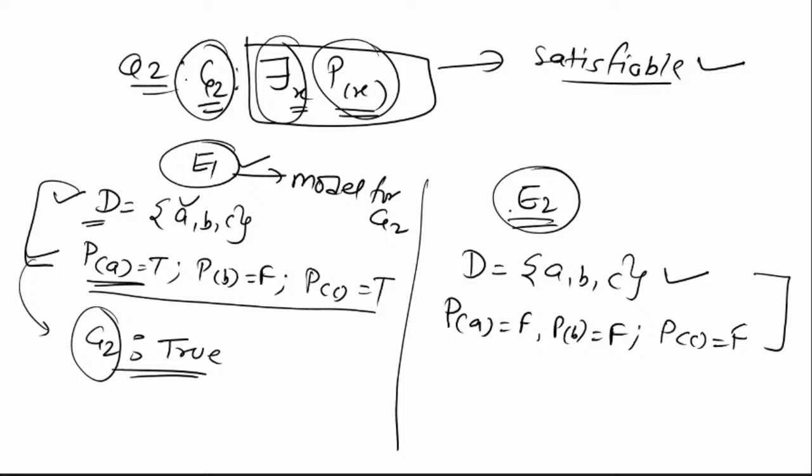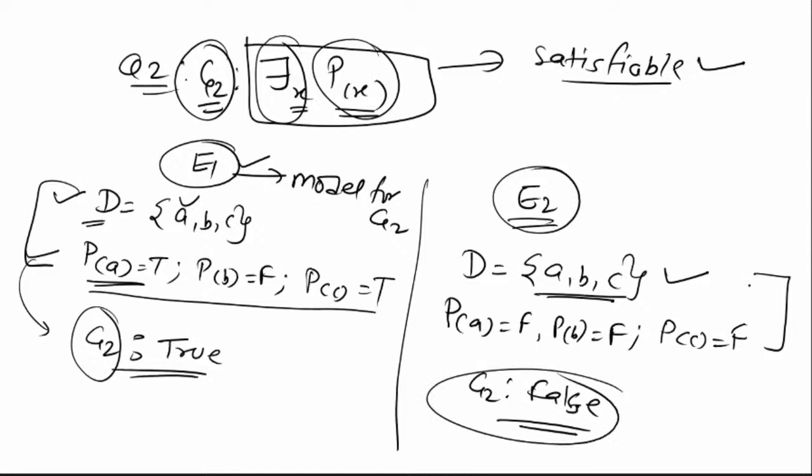In this structure E2, G2 will become false, because in this domain, for every element P is false. We do not have even one element for which P is true. Hence G2 will become false in this environment E2.